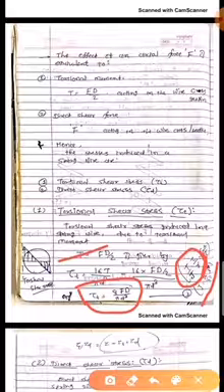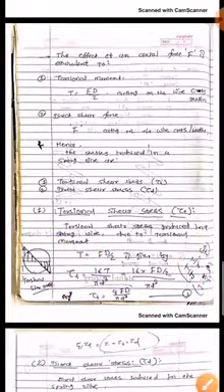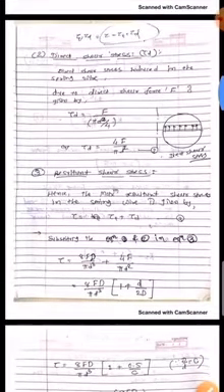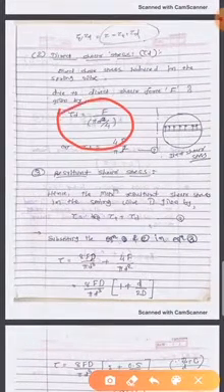The simple diagram of the torsion shear stress is like this. Next is the direct shear stress, induced in the spring wire due to the direct shear force F. The equation is tau d is equal to force upon area, F by A, where A is equal to pi by 4 d square, the circular wire area.